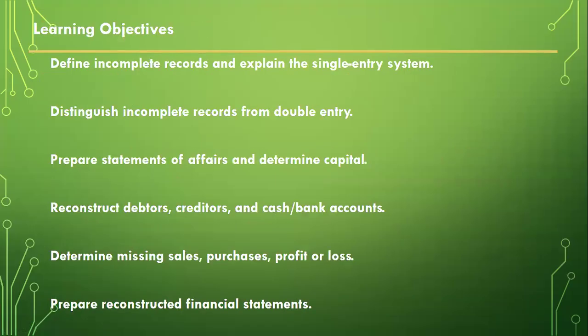So it is expected of us that in this lecture, every student should be able to understand fully what incomplete record is, and they must be able to explain in details the single entry principle. At the end of the lecture also, you must be able to distinguish between incomplete records and double entry record or double entry principles.